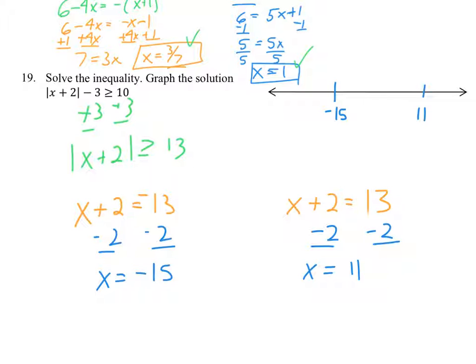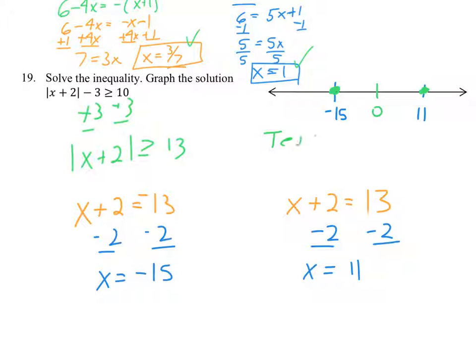The inequality had equal to, so we'll do closed points. And then we need to determine, again, where this is true. I tend to like to test 0 and see if that makes the inequality true or not.